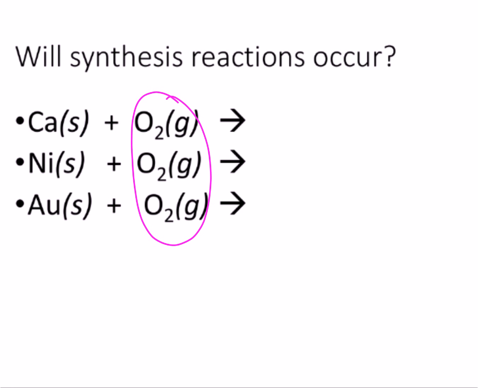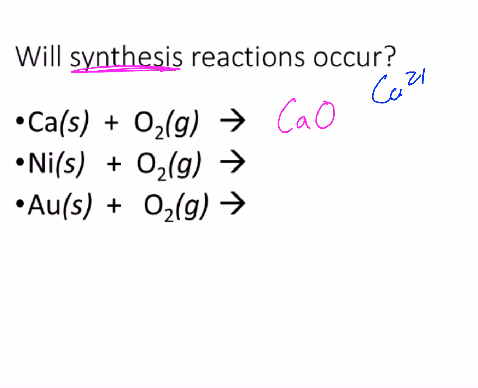So if we take a look, calcium, is that one of those that's in there? Yes, it is. So will that reaction occur? Yes. Absolutely. What's our product going to be in a synthesis? How many products will we have? One product, right? So what's our product going to be? CaO2? Is it going to be CaO2? CaO. Why is it CaO?